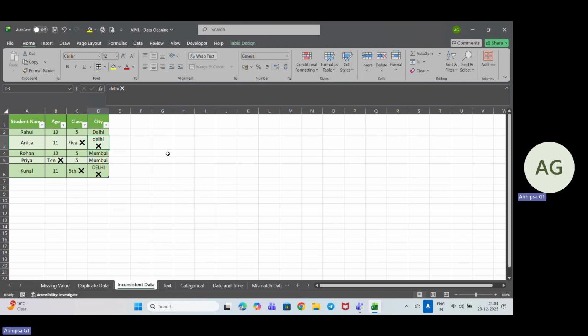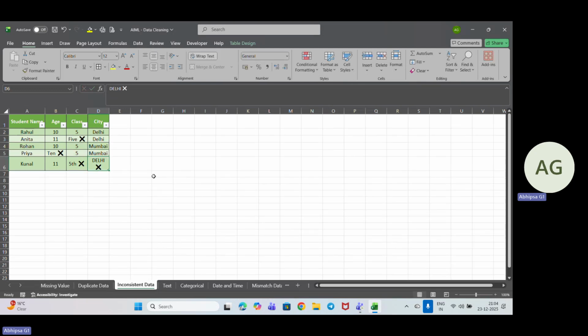Okay, hope this is clear to you. Once we have found the inconsistent data, we need to handle it accordingly. Here you can see there is a spelling error. So we'll just delete it, take it the exact way it should be, and maintain it for all.